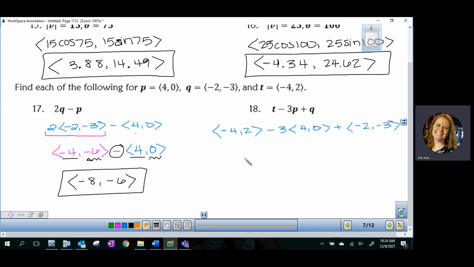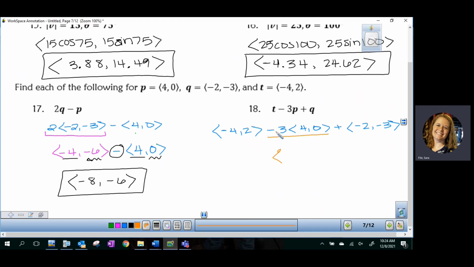So like you were saying, I could distribute just the 3 and this would remain subtraction, or I could distribute the -3 and this would become addition. And I think in this case, it might be better to go ahead and distribute the negative and make it all added together. That might be easier.